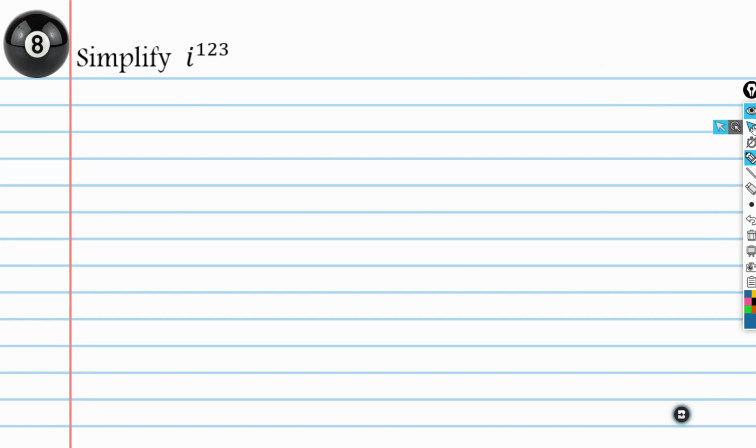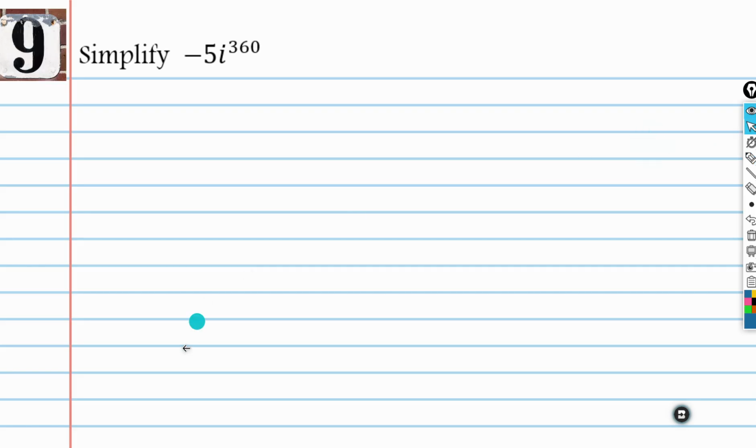Let's do a few more of these, but we're going to add in some other operations. Like before, things that are extra are just going to get brought down. So we had -5 times our i. We're going to take our power. It's even, so all I have to do is divide by 2.